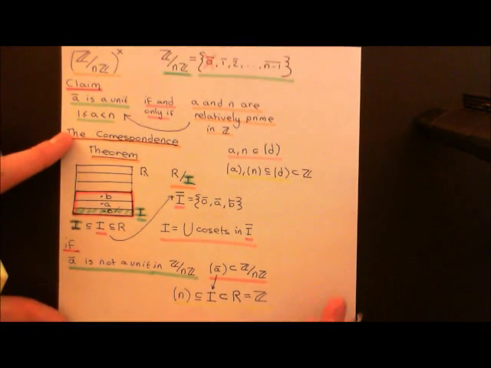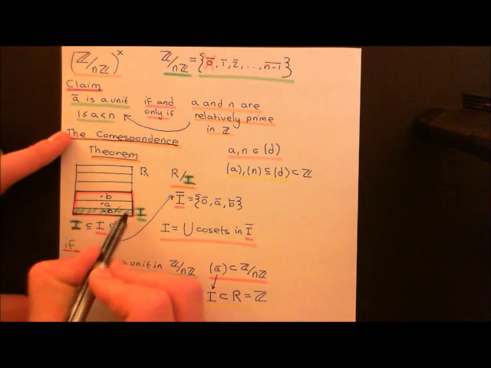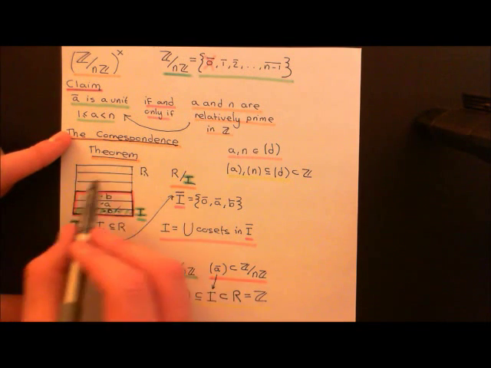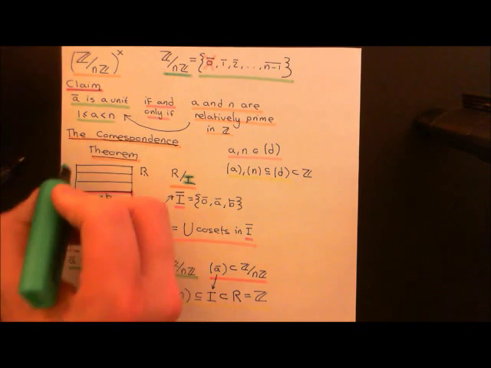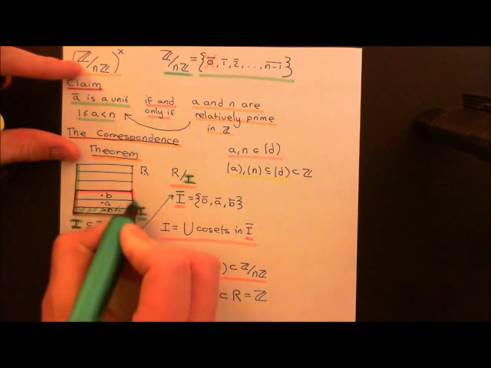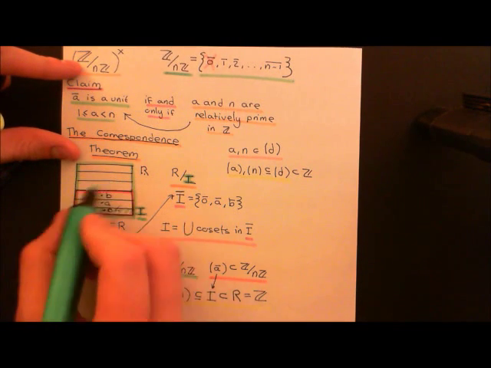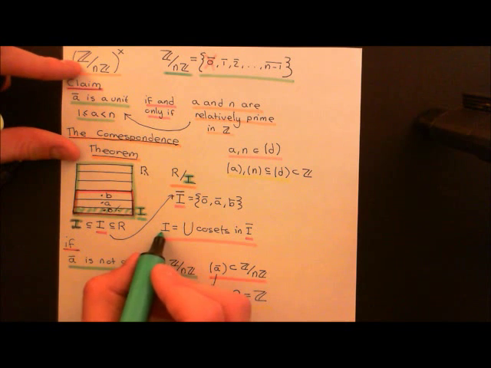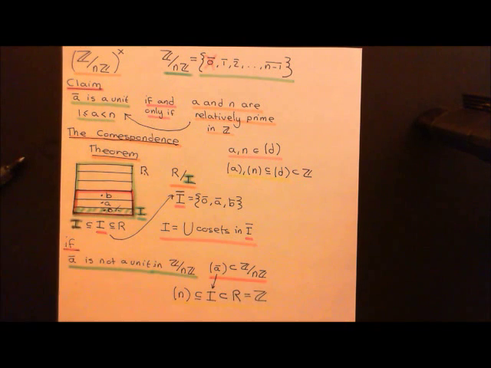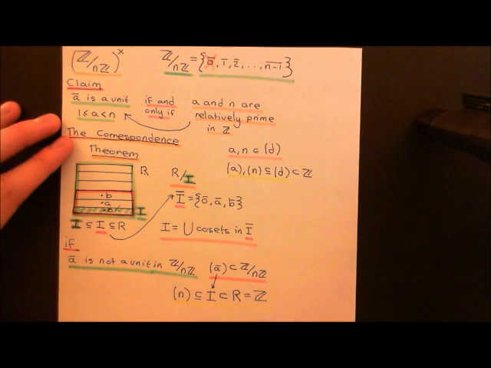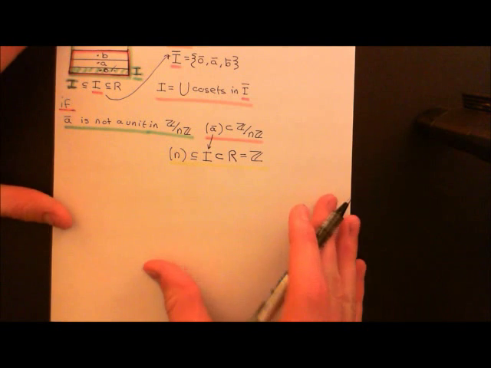So if you have the unit ideal, of course, that's all cosets in the quotient ring, and you can see evidently that if I took all cosets, I could draw it like this. If I union together all cosets to get back to my ideal over here, then I'll get the entire ring, I'll get the unit ideal. So the unit ideal here corresponds to the unit ideal here. If I've got a proper ideal here, it must correspond to a proper ideal here.